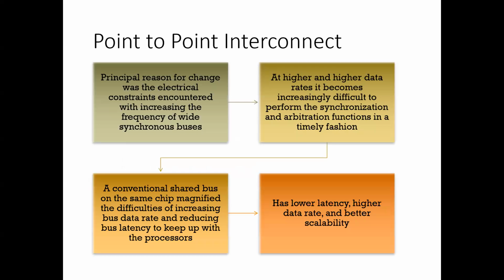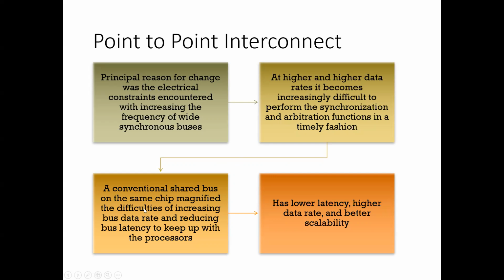A newer way to do things is point-to-point interconnect, and the principal reason for the change was the electrical constraints encountered with the increasing frequency of wide synchronous buses. At higher and higher data rates, it becomes pretty difficult to perform the synchronization and arbitration functions in a timely fashion.